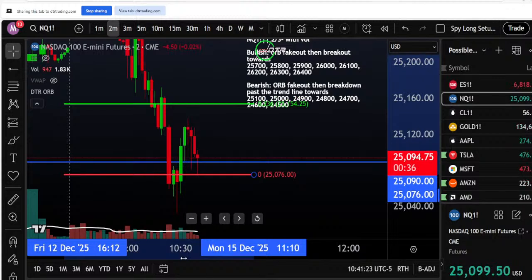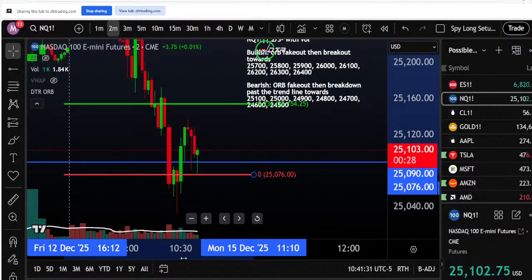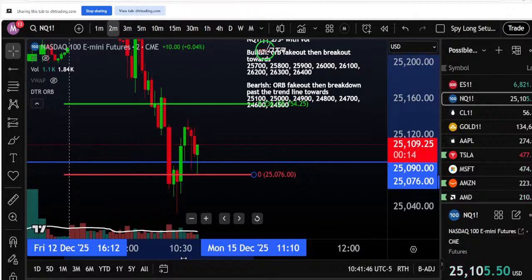So let's see if this thing can keep pushing. There's 2K. Five contracts.